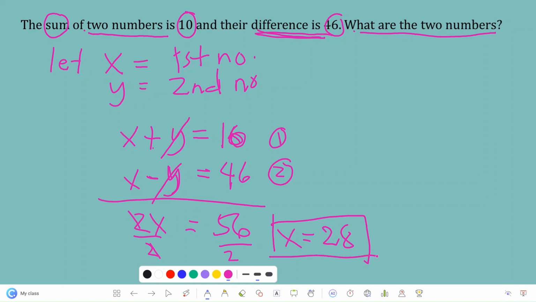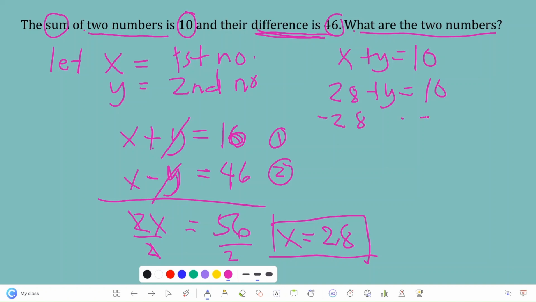So, meron ka ng value ng x. Ngayon, hanapin mo ang value ng y using any of the original equations that you created. Okay? So, here we will use the first equation, x plus y is equal to 10. So, x is 28. 28 plus y is equal to 10. Transpose mo ang 28 to the other side, we will just add negative 28.